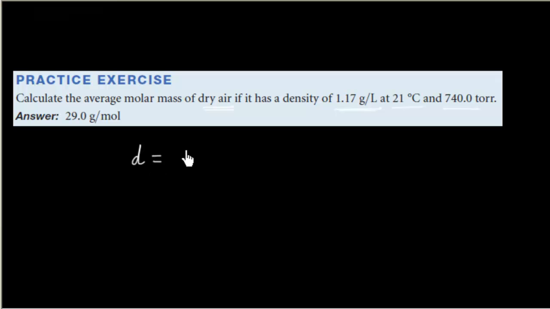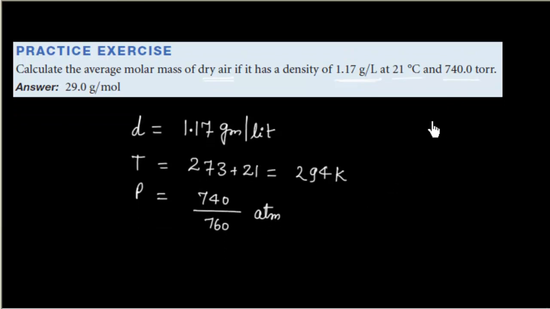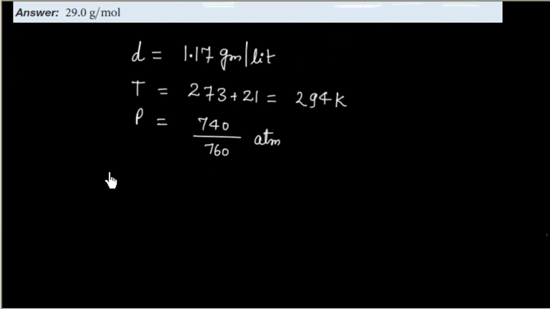Density is given, 1.17 gram per liter, and the temperature is 273 plus 21, which is 294 Kelvin, and pressure is also given, 740 divided by 760 atmospheres, because we have to convert torr into atmospheres. And then we can straightforwardly apply the formula PM is equal to dRT.